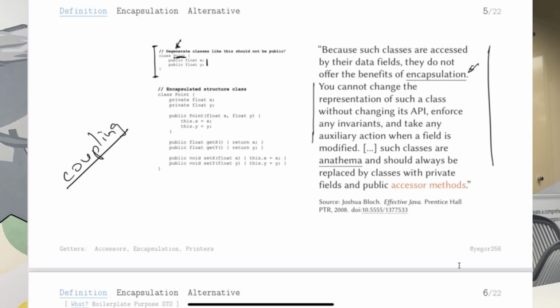Yeah. So up to now, until this point, I was on the same page with him. He's right until this line where he says that these classes should be replaced with classes with private fields. This looks like a solution for him and many other developers, many other programmers.